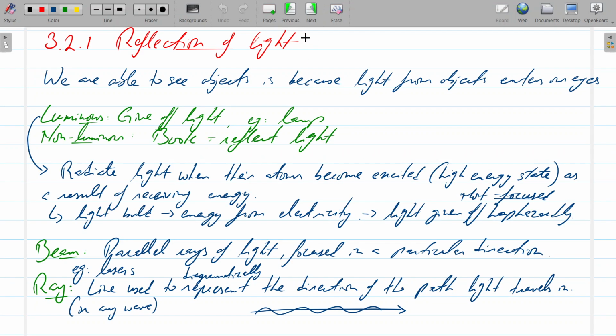All right. So going back, beams of light, I mentioned, are parallel, but that's not always true. Beams of light can actually be three different ways.